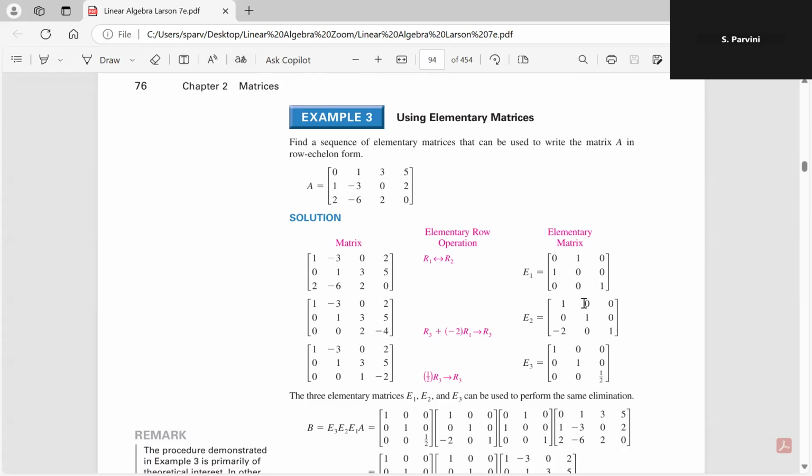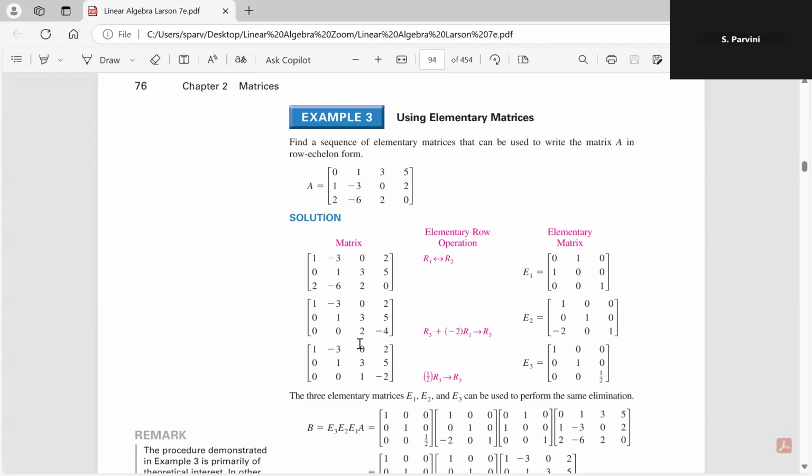Okay. So it's a whole new identity matrix. So if you get a brand new 3 by 3 identity matrix, you add the third row plus negative 2 times row 1. This is what we should get. He goes on to this side. He says, okay, well, let's see. He got 0, 0, 0 now.